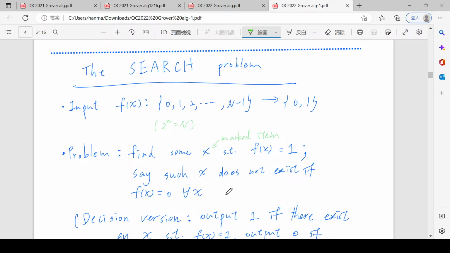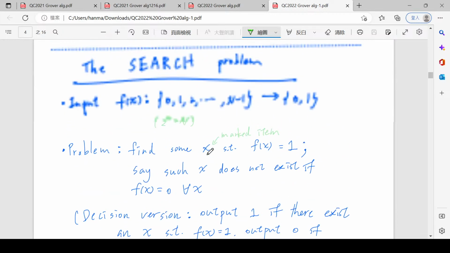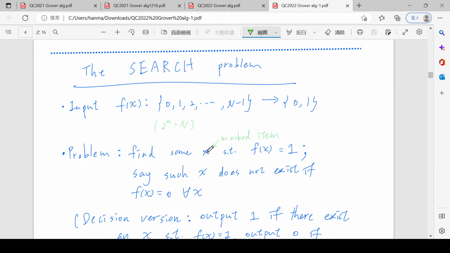Okay. And so the search problem actually has many different formulations. And this is the most standard version of the search problem. Sometimes you are also just promised that such an x exists. But anyway, so that's the search problem. And also we like decision problems.